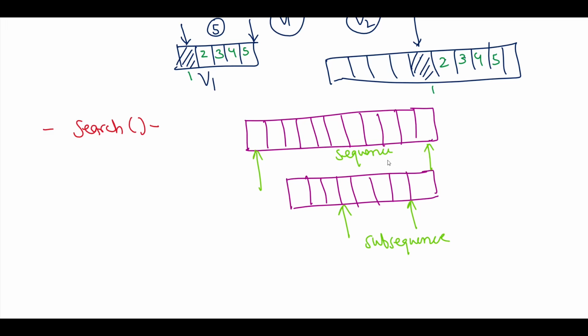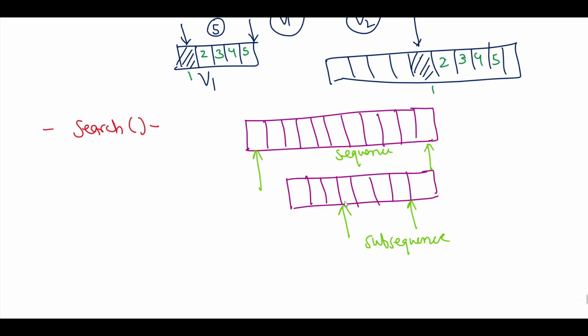So the search function will search for this subsequence of elements within a sequence of elements, and if this subsequence is found here in this container, it will return a forward iterator that indicates the first element of that subsequence.